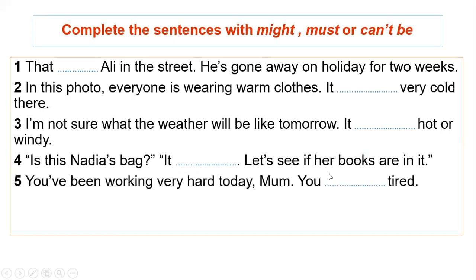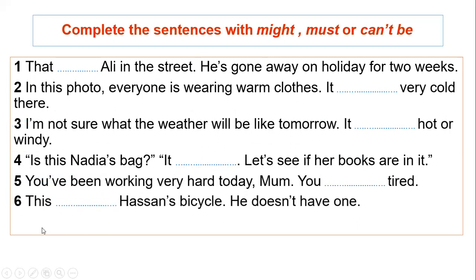Number 5, you've been working very hard today, Mom. You're something tired. Number 6, this something Hassan's bicycle. He doesn't have one.